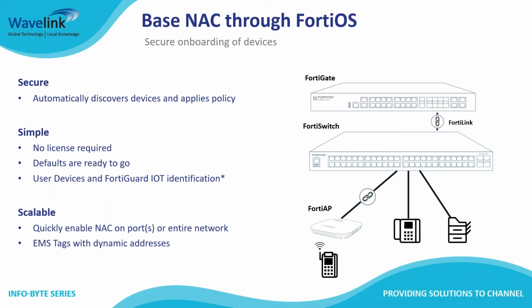Earlier you had to designate your switch ports, saying, "Okay, I have to connect the IP phone to this port in order for it to go to this VLAN." But now with the NAC policies, that is automated. You can plug in the IP phone or the IP cam to any switch port in the switch, and it will be automatically categorized. And you can create policies in the FortiGate to deal with those categories.